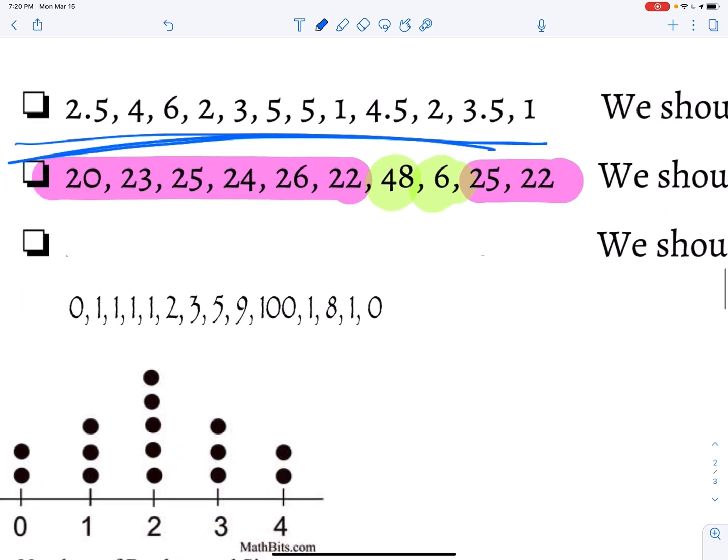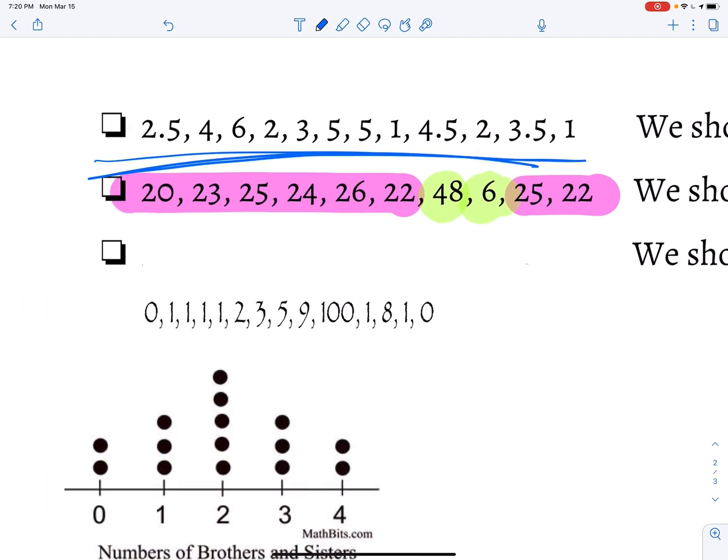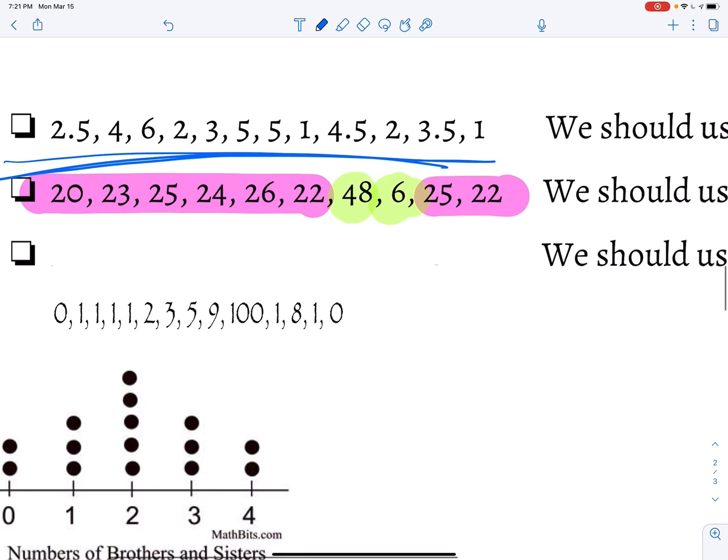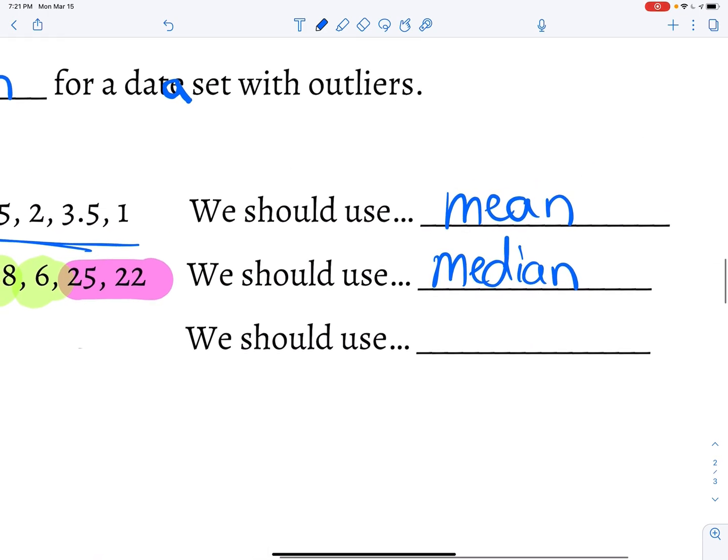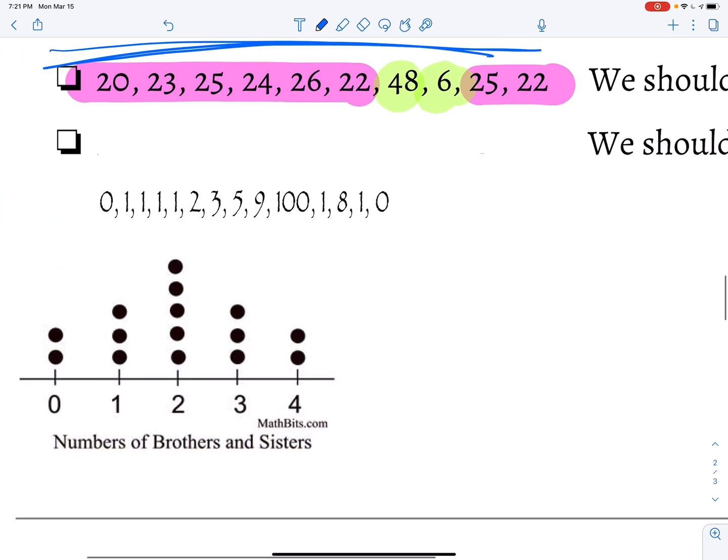And last but not least, sorry, it's a little off center from the checkbox. I ended up putting a new data set in this one just to make it a little more obvious. And I know if we've used the mean once and we use the median for the second example, well, we're probably going to use the mode for the third data set. And that is the case because there are many ones in the data set. And be careful.